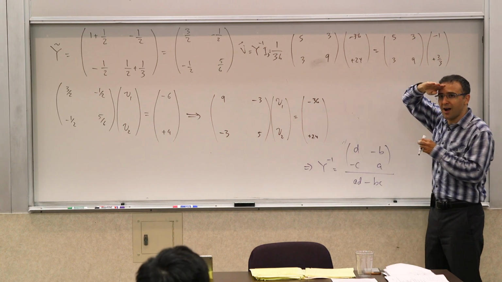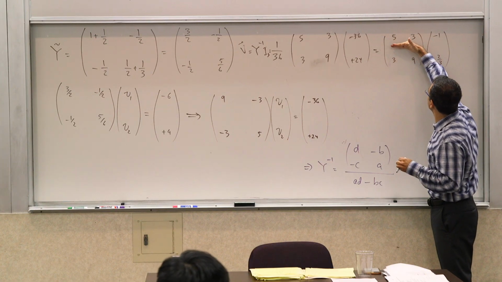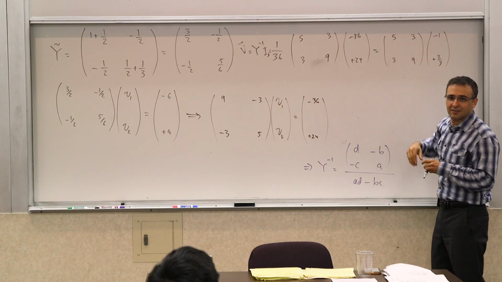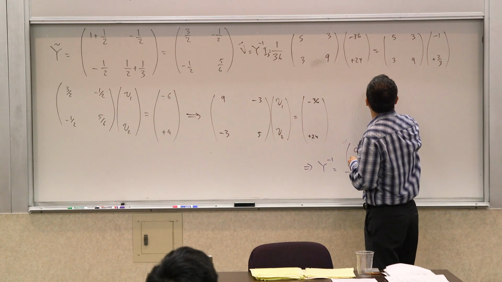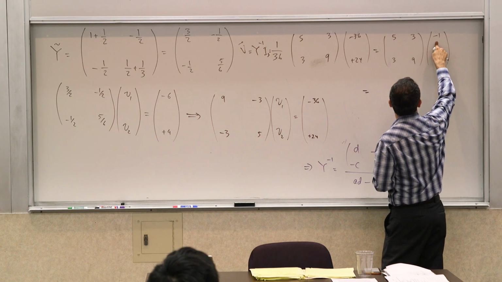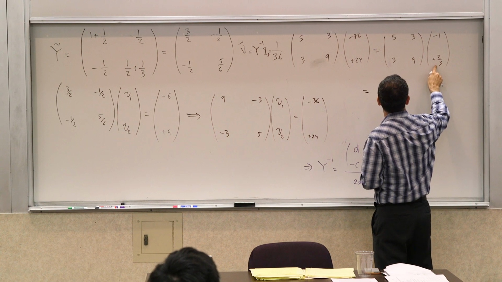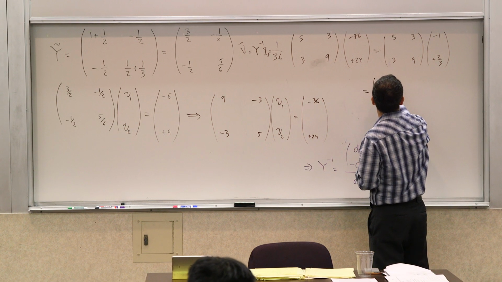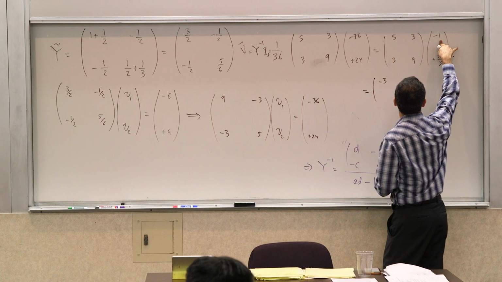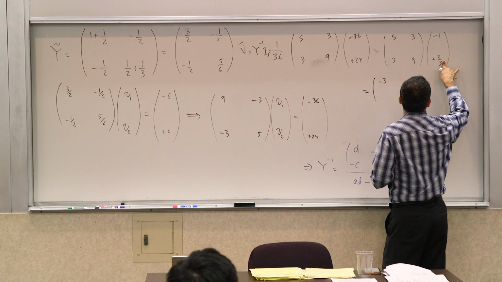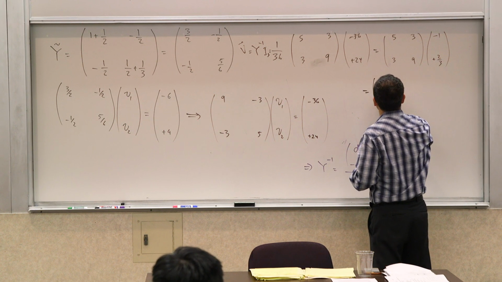The way I think about it, I always thought about it as this motion. So 5 times minus 1 is minus 5, plus 2 is negative 3. And 3 times negative 1 is negative 3, plus 6 is plus 3.